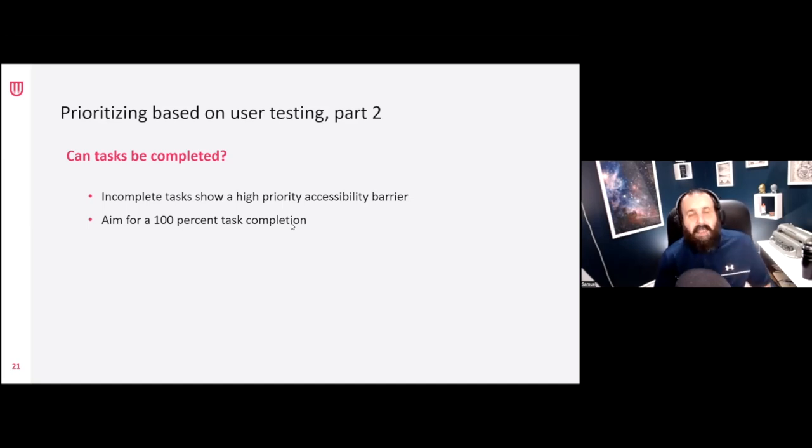And so that really helps you understand that the barriers someone encountered that blocked them from completing a task should obviously be number one high priority. Before you start thinking about things like making sure an experience is easy and joyful and fun and things like that, you want to make sure that you have achieved 100% task completion.